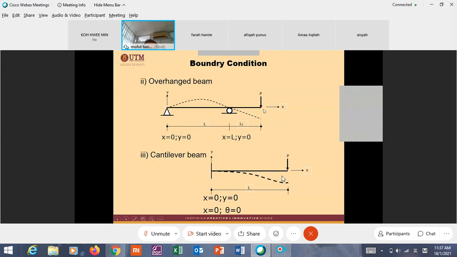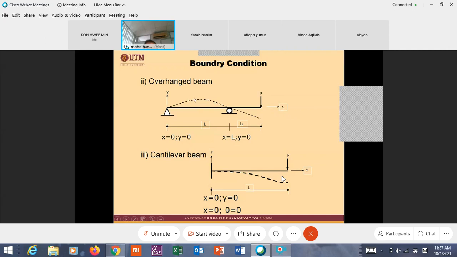At this point, we know that the deflection is maximum, but it is not useful. A boundary condition is normally where we know the value. At x equal to L, the value is equal to 0. This one, we know it is maximum, but we don't know the value.